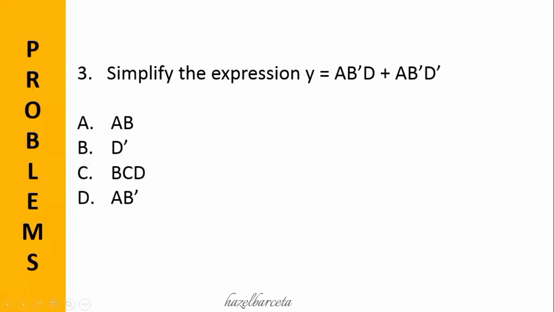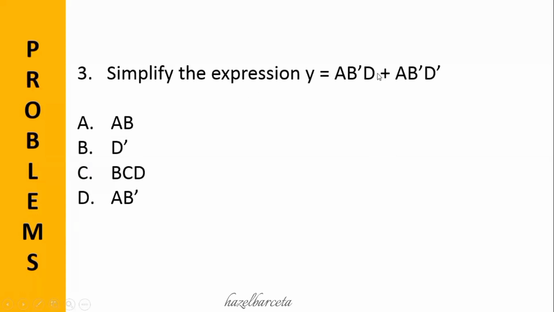Number 3. Simplify the expression Y is equal to A multiplication, so AND, A and B complement, and D plus is OR, A times N. So, A and B complement and D complement. So, ganun po yung pagbasa niya.